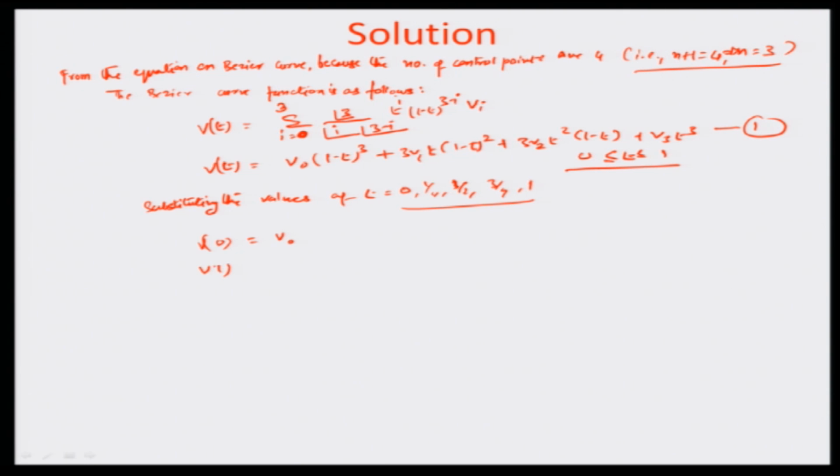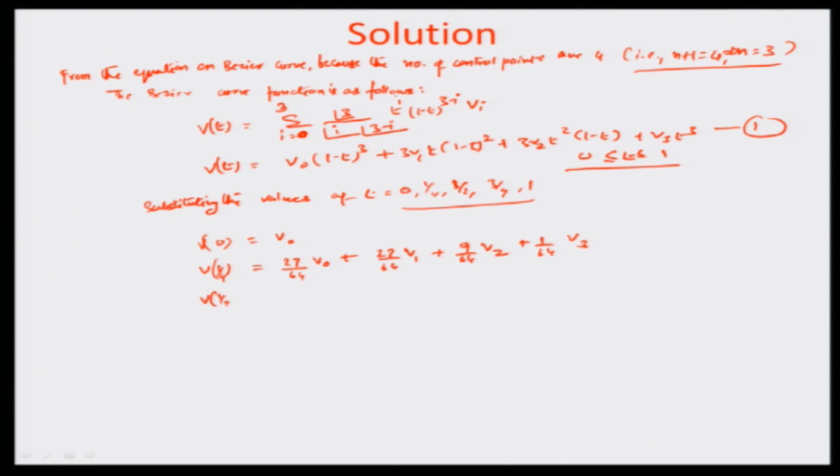V at 1/4, corresponding to t equal to 1 by 4, can be obtained as 27 by 64 V0 plus 27 by 64 V1 plus 9 by 64 V2 plus 1 by 64 V3.